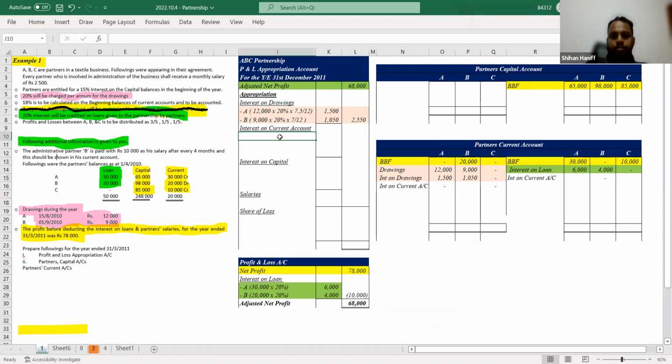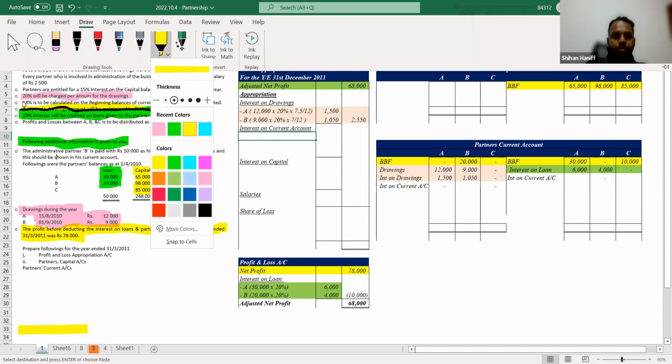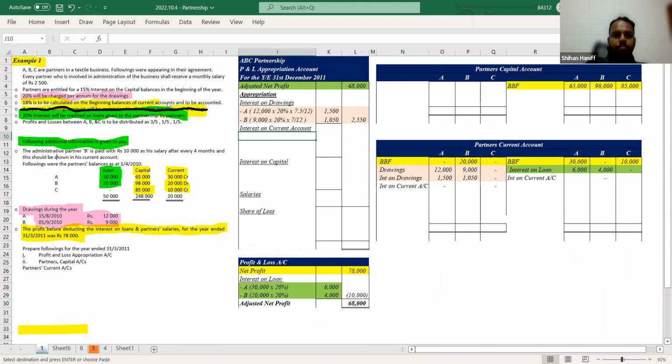So first I'll do B. It's 20,000 into 18%. Yeah, it's 18%. 18% is calculated on the beginning balance of current accounts. 18% means 3,600.